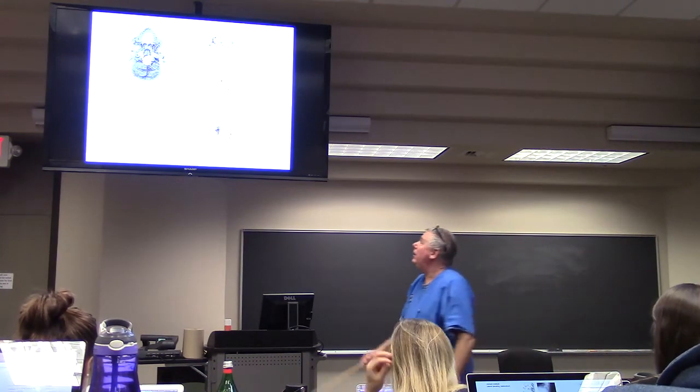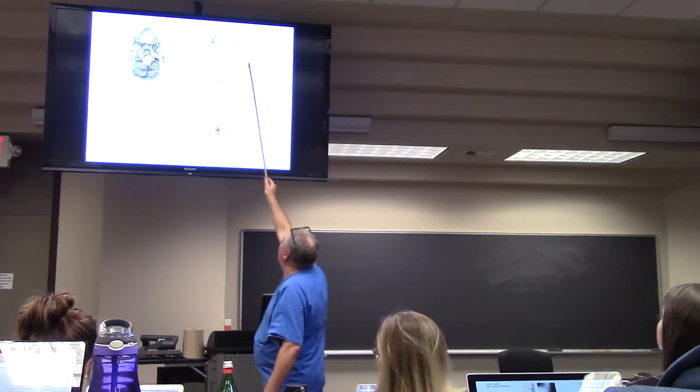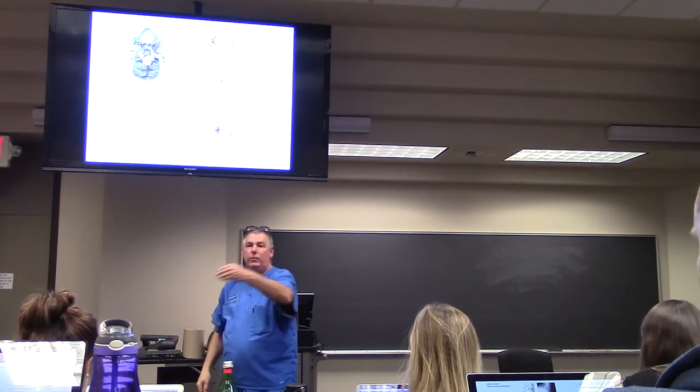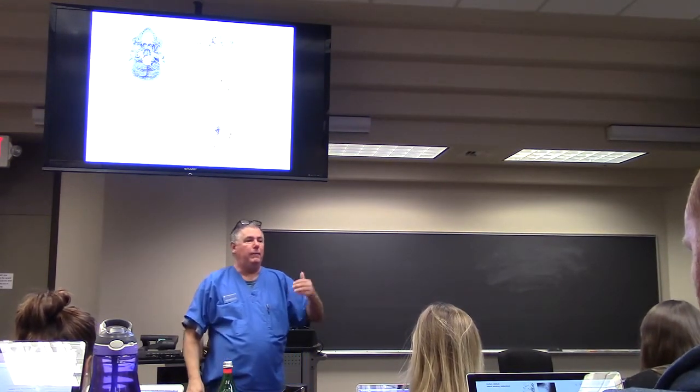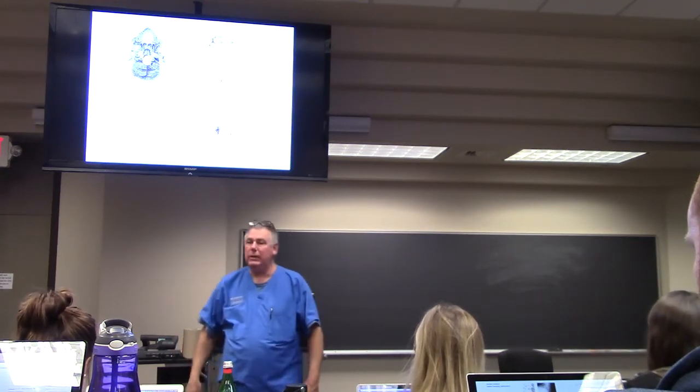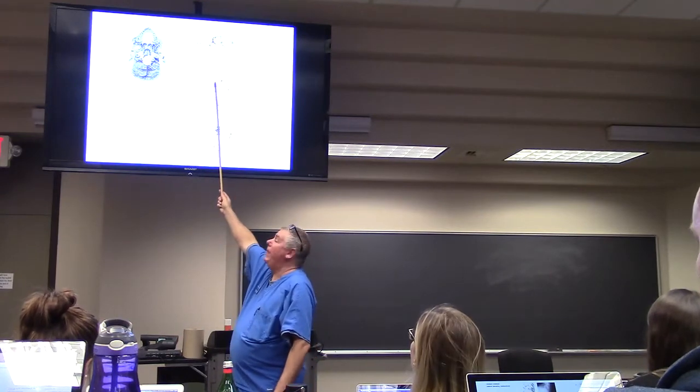Now, there's an important ligament. You see that ligament right there, the transverse ligament of the atlas? It runs from one side to the other side of the anterior arch. That ligament holds in place the dens of the axis.